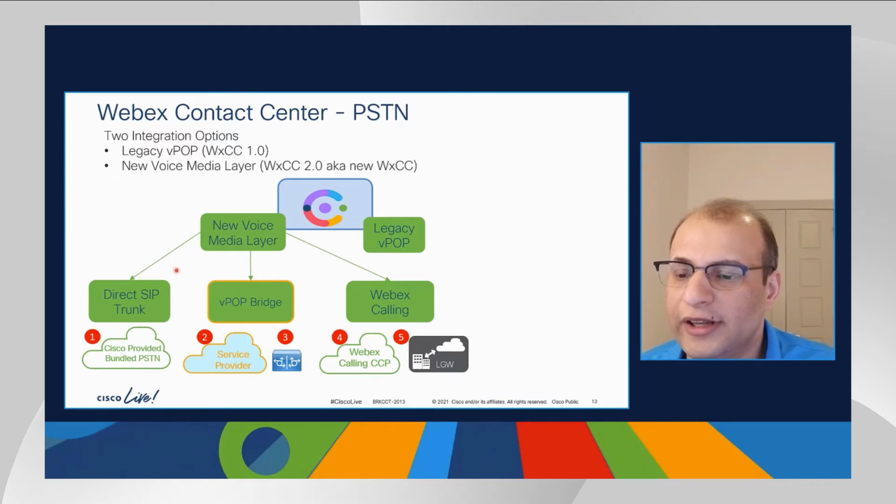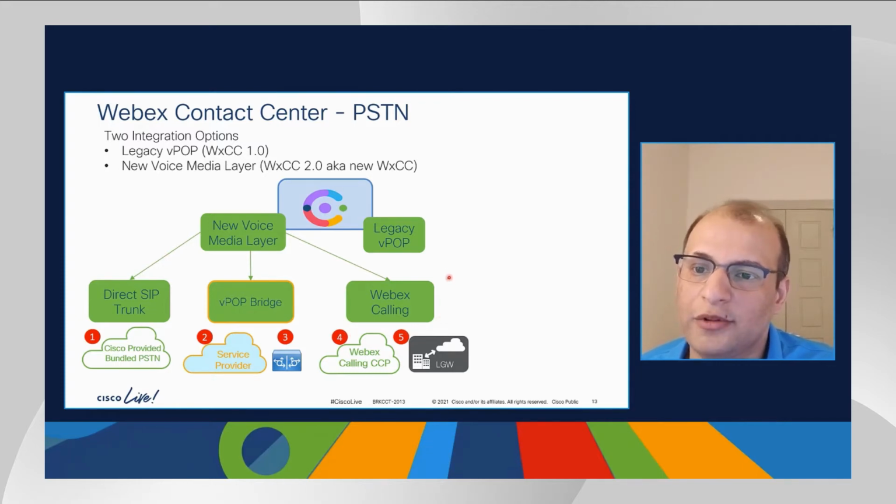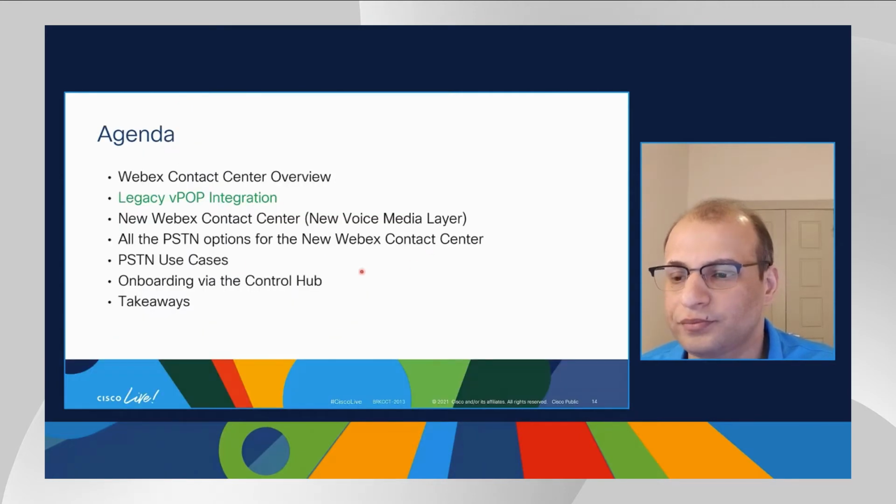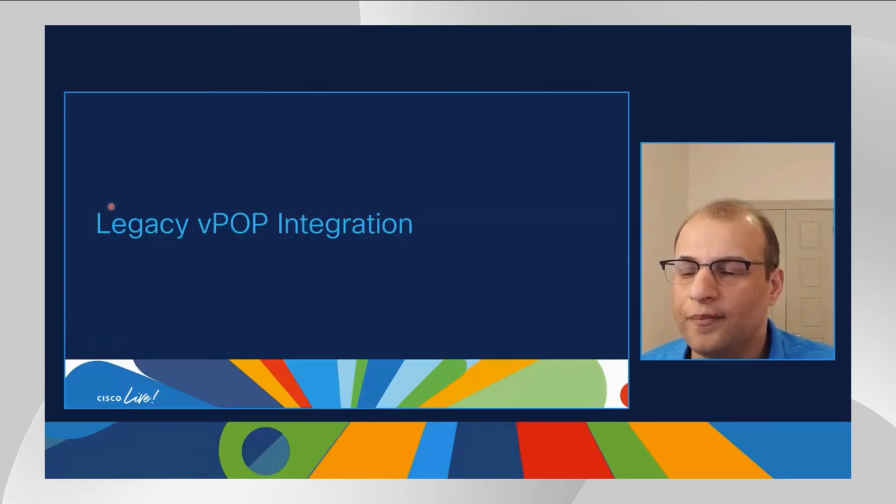The new voice media layer has subsections, which are the direct SIP trunk, the VPOP bridge, and the Webex Calling option, and we'll focus on each of them individually. But first, let's cover the PSTN options for the legacy VPOP integration for Webex Contact Center 1.0.